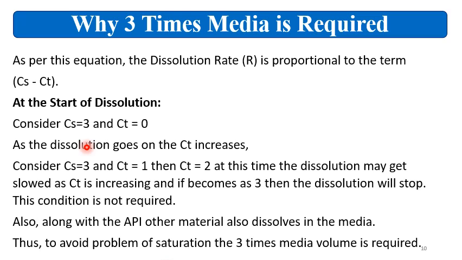Thus, to avoid the problem of saturation, 3 times media is required. So this is the simple understanding about the saturation point and the drug concentration in the media at time t. That's why, to avoid the saturation of the media, generally a volume of 3 times the saturation volume is taken for the dissolution testing.